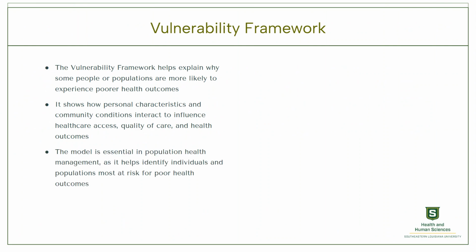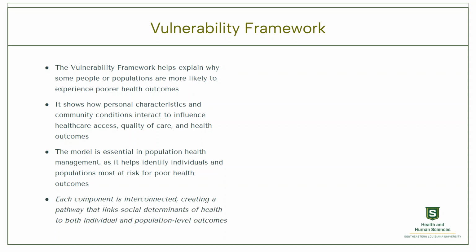There is a model that is used for the vulnerability framework, and it's very essential in population health management because it helps us professionals identify those individuals or populations that are most at risk of having poor health outcomes.